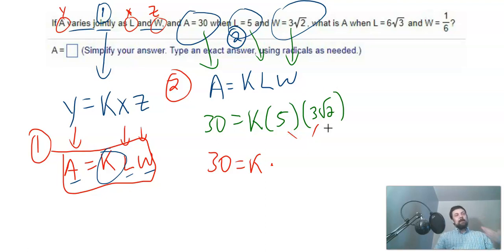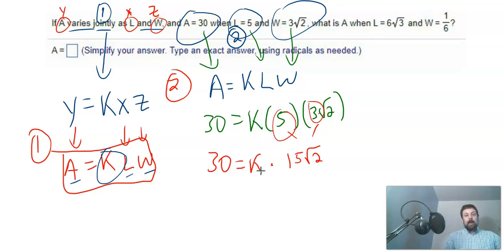If I was adding or subtracting here, it would be a whole different story. But since it's just multiplication, you multiply together what goes together. 5 times 3 gives me 15, and then the square root just copies down. So you get 15 square root of 2.